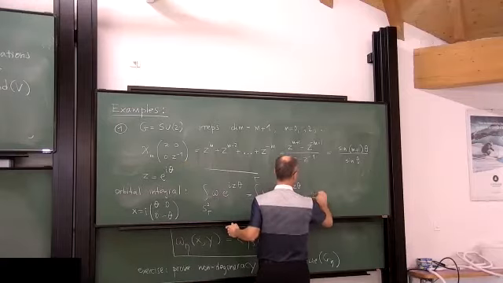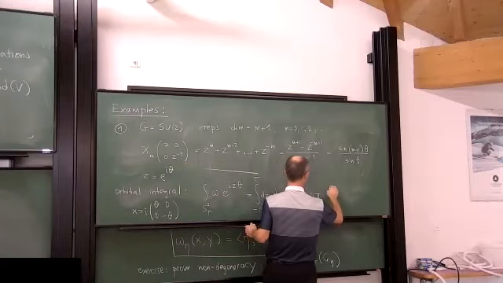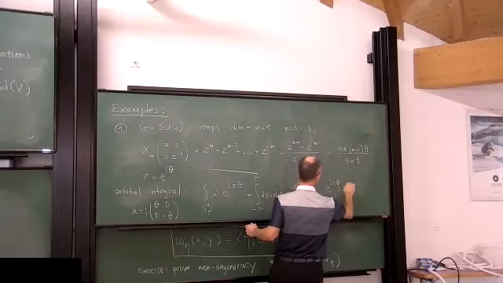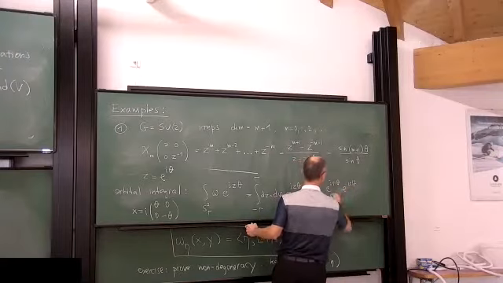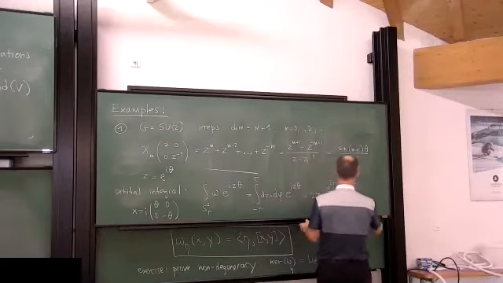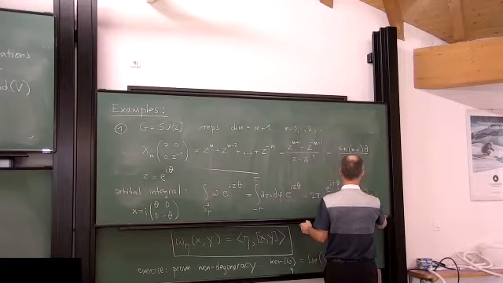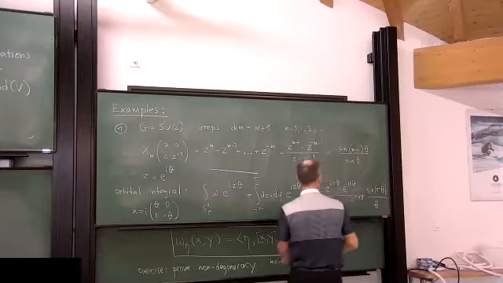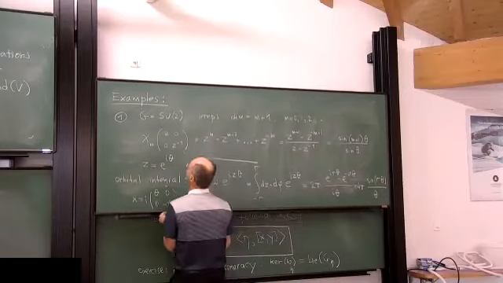So this gives us 2 pi, and here it will be exponential i r theta minus exponential minus i r theta divided by i theta, or this is 4 pi sine r theta divided by theta.